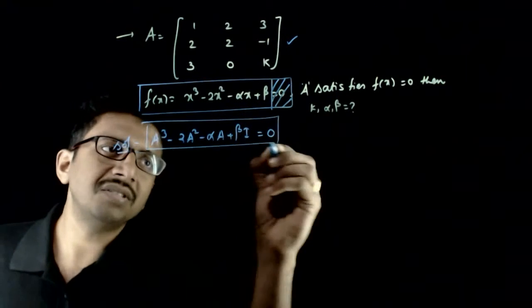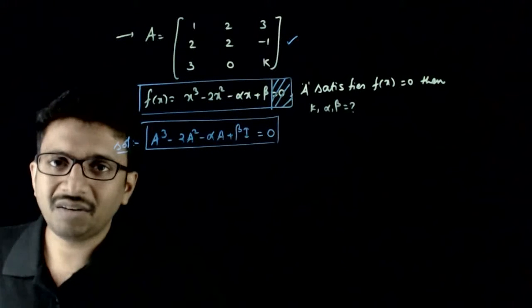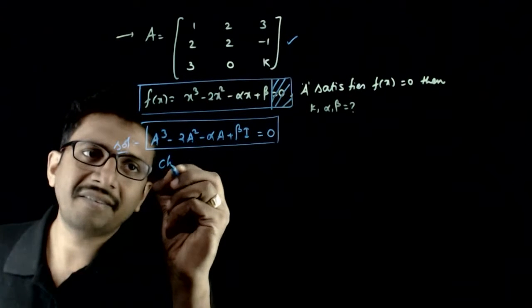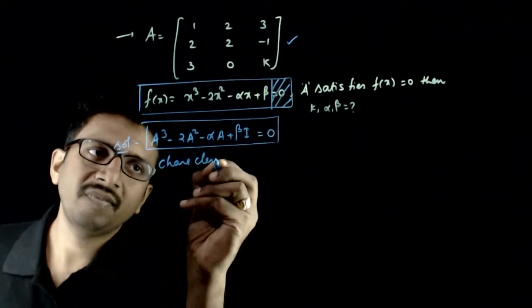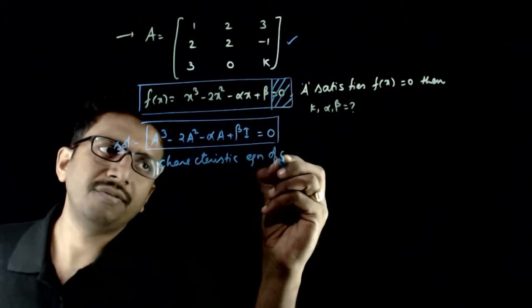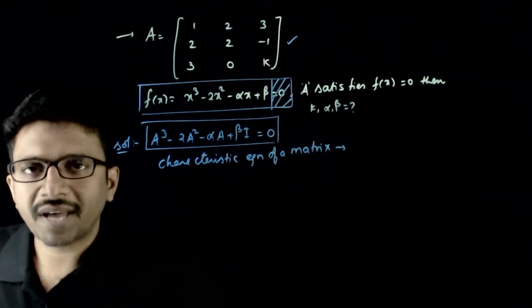So usually these types of questions, when you're given a matrix and an equation, are based on the concept of the characteristic equation of a matrix. What is the concept of the characteristic equation?